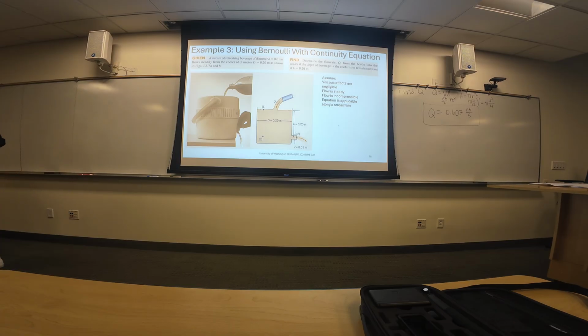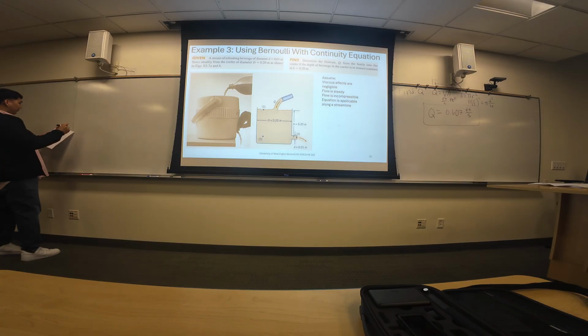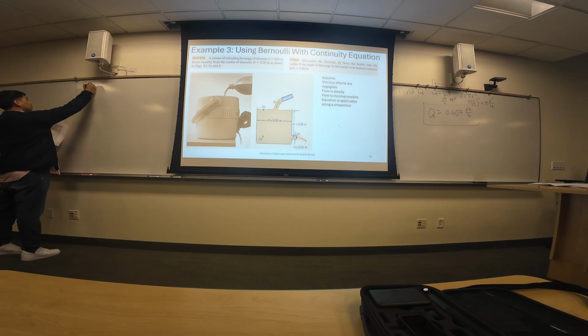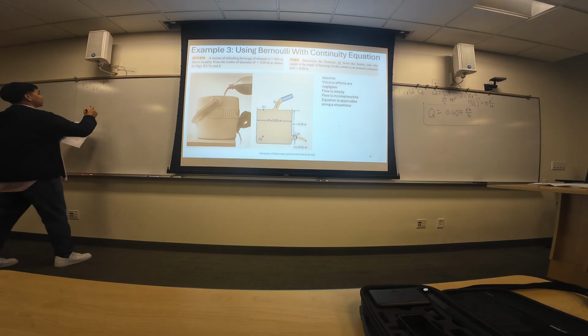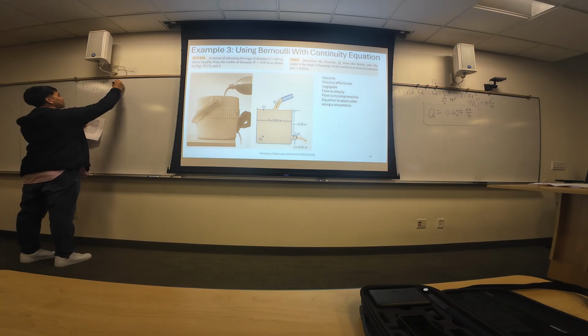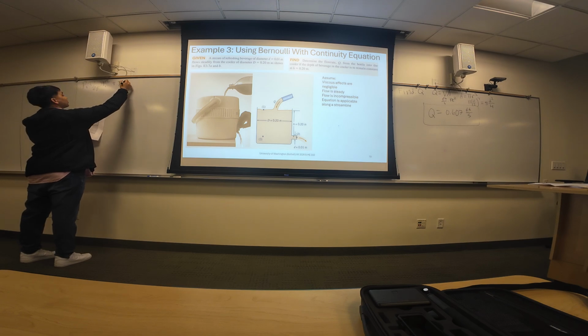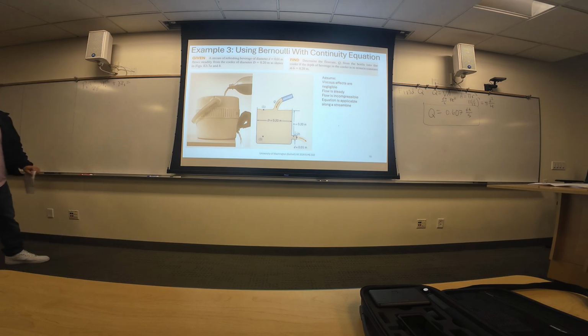So we'll start off with Bernoulli's equation. P1 plus 1/2 rho V1 squared plus gamma Z1 equals P2 plus 1/2 rho V2 squared plus gamma Z2.